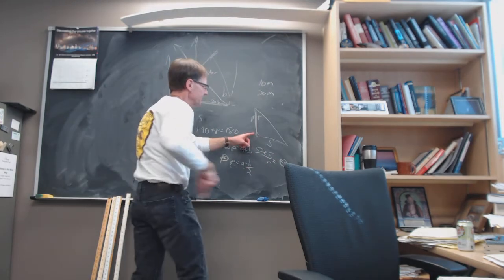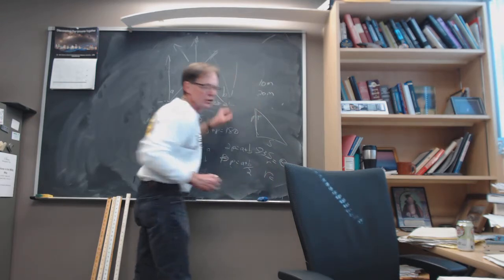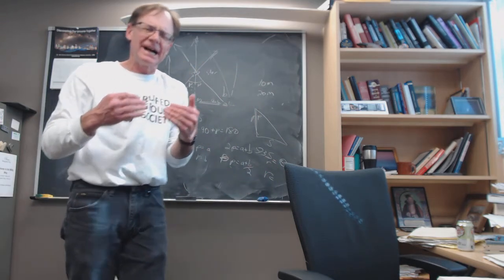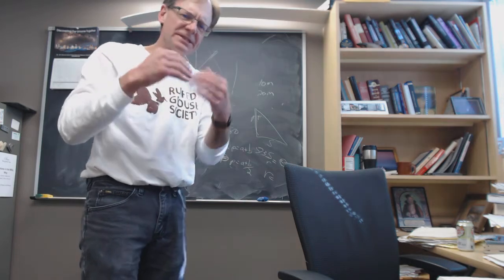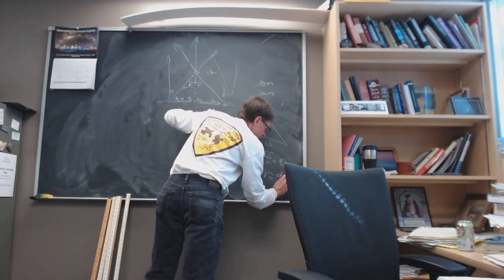And so you measure your S baseline, and what you're solving for here is R, the distance. So you want to find the distance that you measure via parallax. So that's distance via parallax.